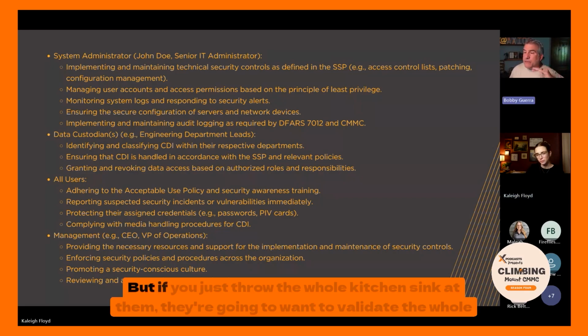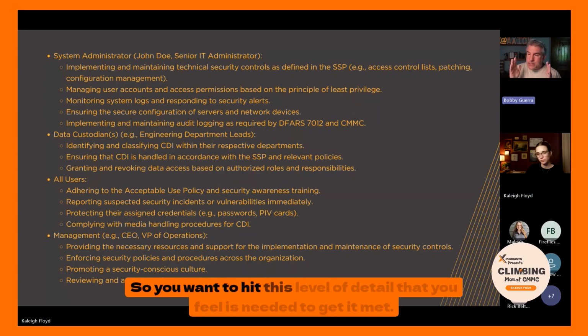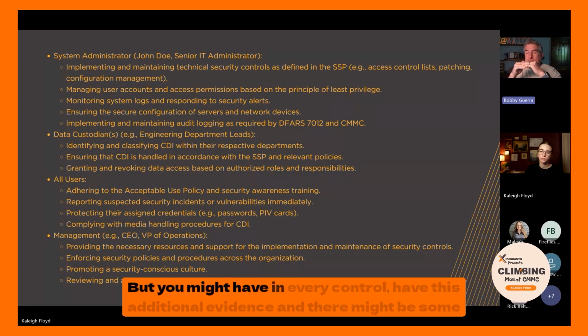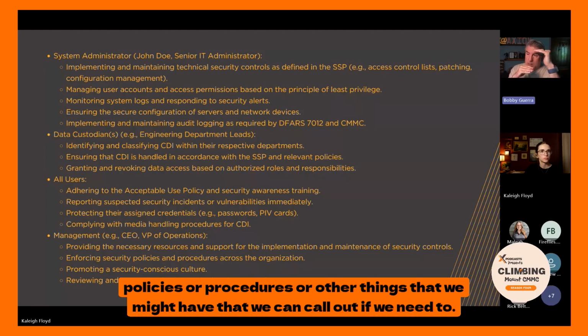But if you just throw the whole kitchen sink at them, they're going to want to validate the whole kitchen sink. So you want to hit the level of detail that you feel is needed to get it met, but you might have additional evidence in every control, and some policies or procedures or other things that we can call out if we need to.